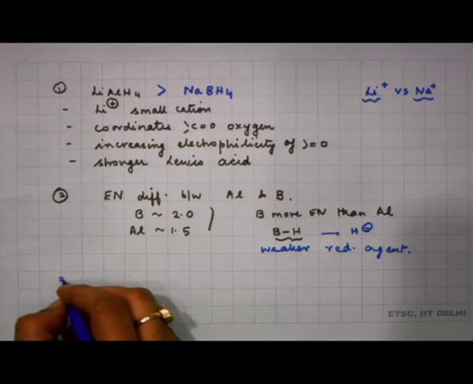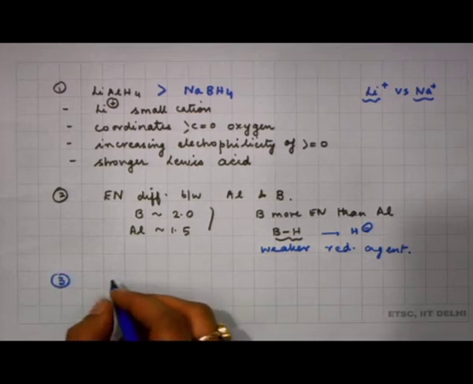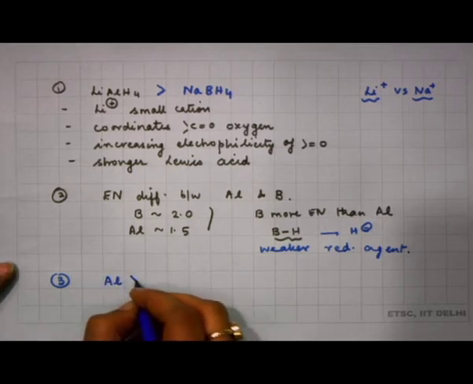The third explanation could be in terms of the bond length and the sizes of aluminium and boron. Aluminium is larger than boron.